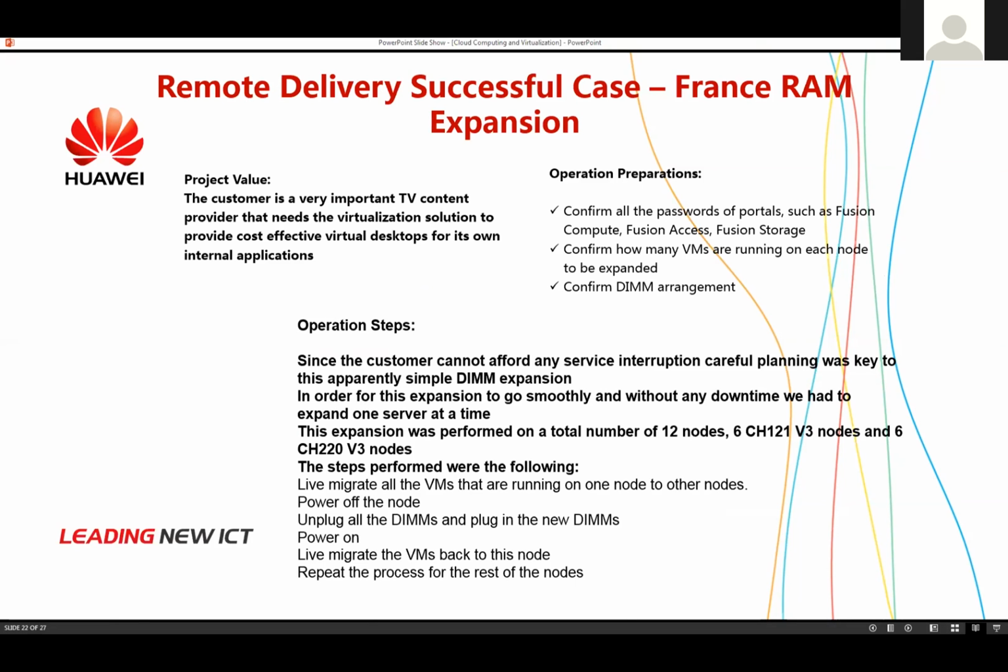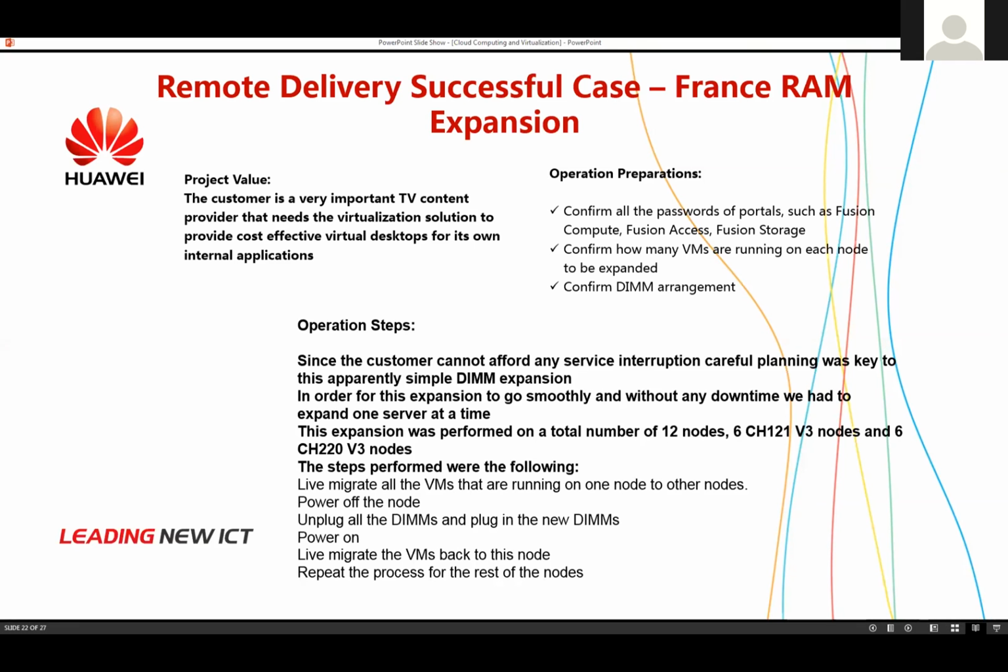And they were using Fusion Access, so they were using virtual desktops. They wanted to expand their capacity. More specifically, they wanted to expand the memory capacity of their servers. And another challenge is they wanted to do that without any downtime. How can we achieve that? Well, by very careful planning.